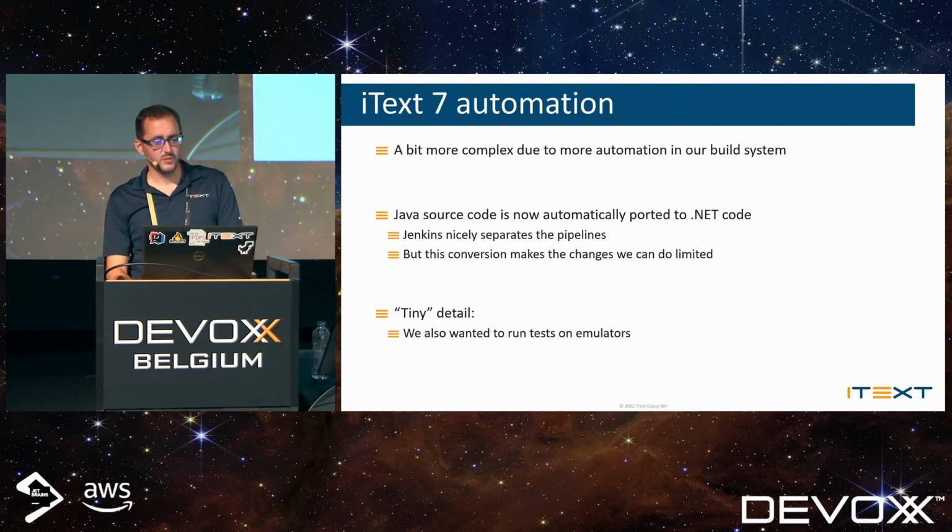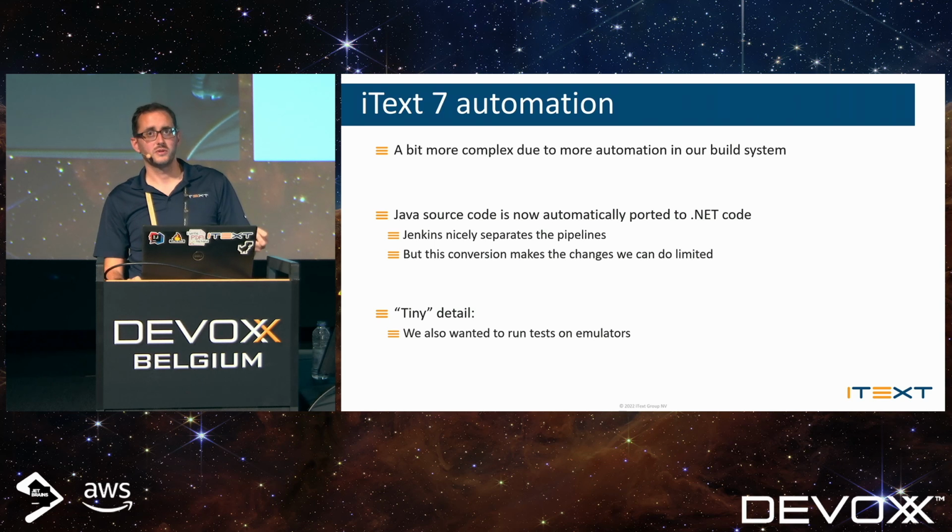On iText 7, it's a bit more complex. I'll be honest. I mentioned earlier, we have a Java build, we have a .NET build, a C# build, and we keep them functionally equivalent. Which means that whatever you can do in Java, you can do in .NET with a small asterisk, because there's certain crypto stuff that is handled differently, etc. And the way that we do that is that we have a process in place, a pipeline.